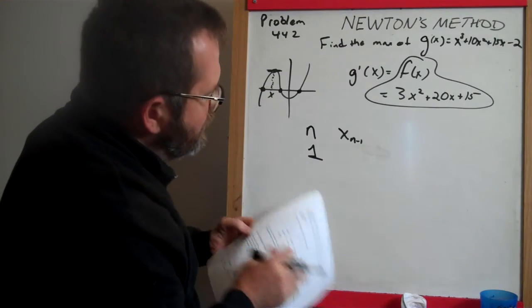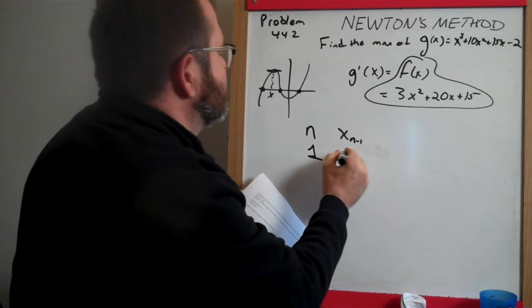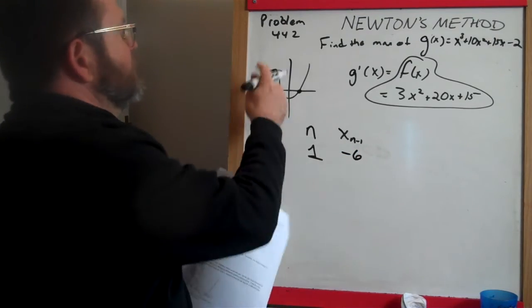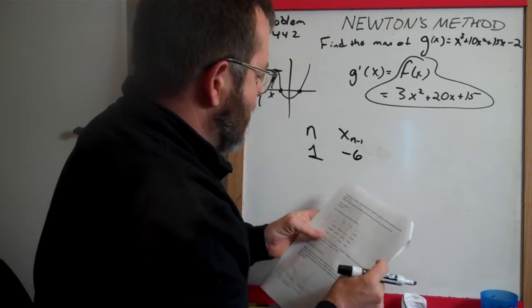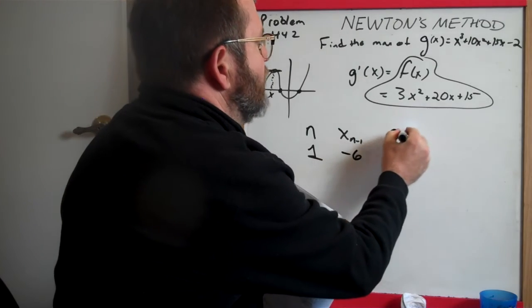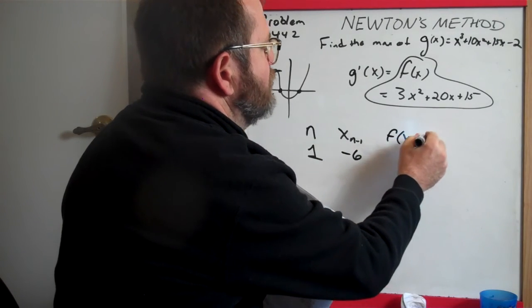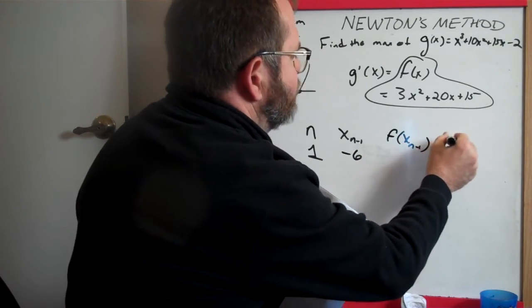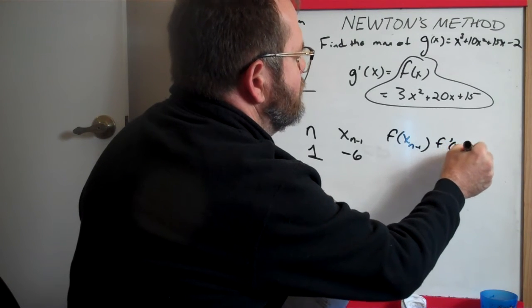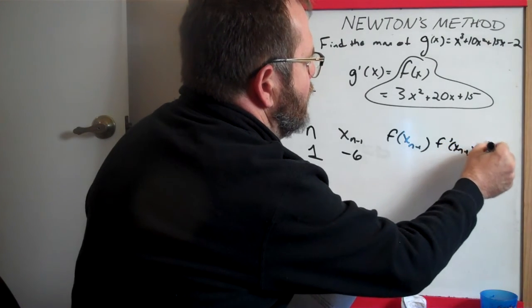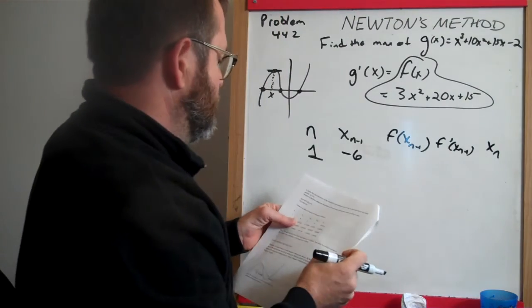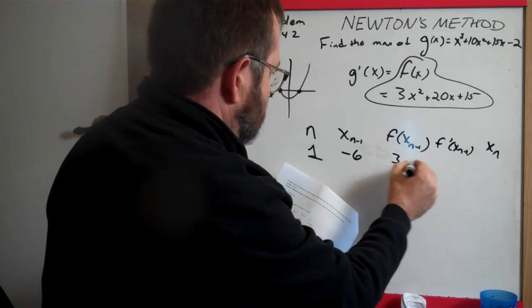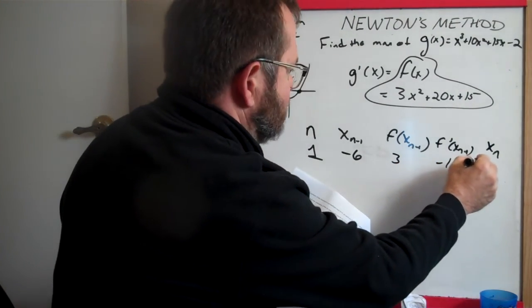And when I made this chart here, I think I used an initial guess of x equals -6. All right. And then I said I'll need to know f of x sub n minus 1, and I'll need to know f prime of x n minus 1, and I'll need to know x of n. And I have values here. The first row is no big deal.